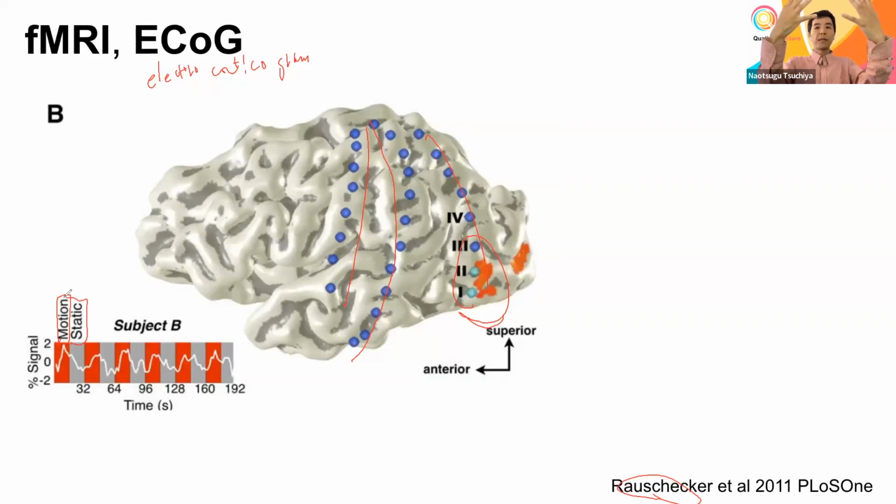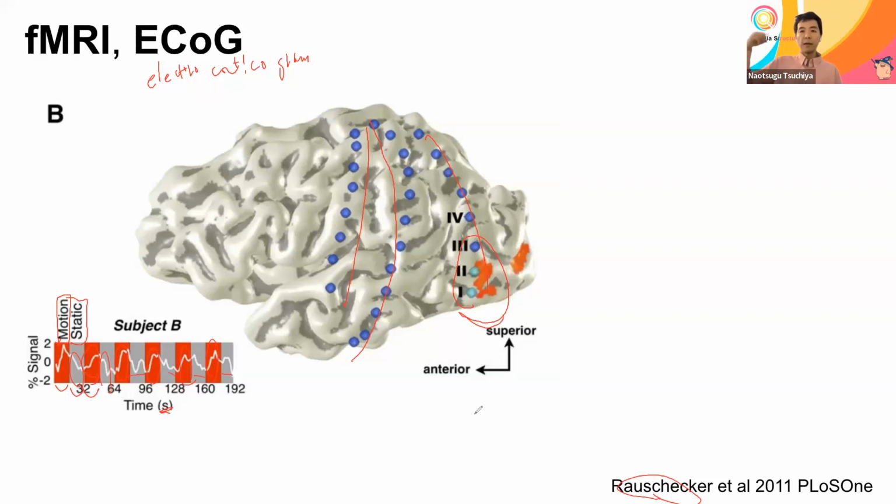So they stopped, and then you don't see any kind of visual motion. And this alternates every 16 seconds, okay? Motion 16 seconds and then stop 16 seconds. Motion 16 seconds. Then as you see, there is a roughly 4 to 6 seconds of delay, but there is a substantial increase whenever subject B sees the motion, and it goes down when they see the static figure.